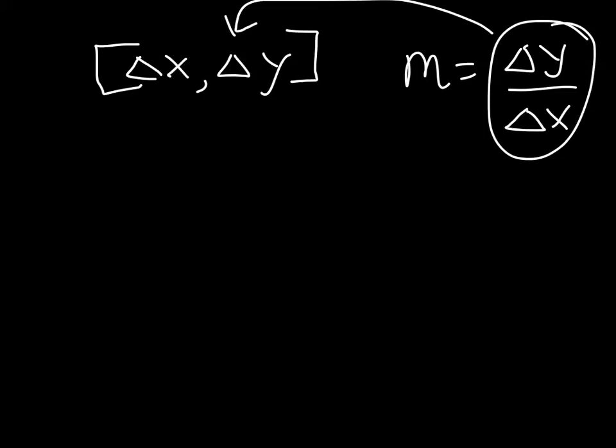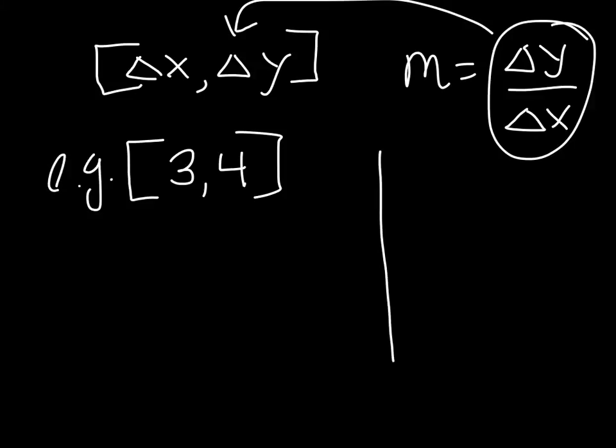The way that we graph a vector, let's take the vector 3, 4 as an example. The way that we graph it on a coordinate plane is by simply looking at the change in x and the change in y. So the change in x is over 3, and the change in y is up 4.